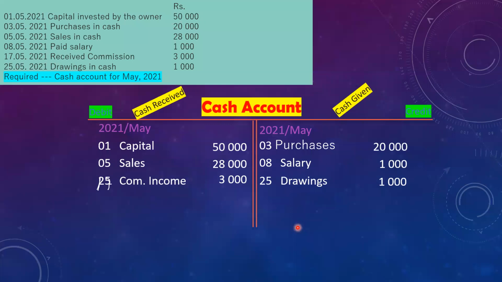So, the basic idea about the cash account I have given to you. Now I am going to show you a question. Before 5 o'clock, you must WhatsApp me. But actually, as I said earlier, 2 minutes only.